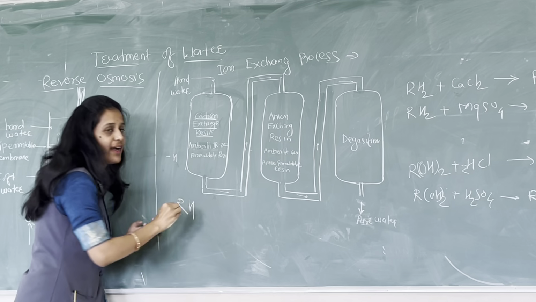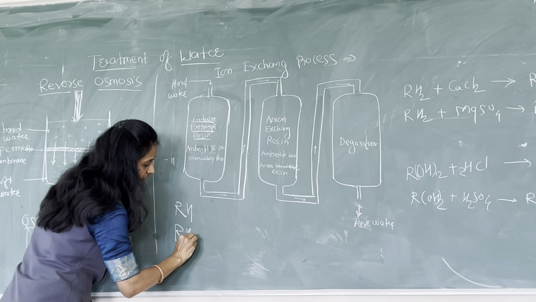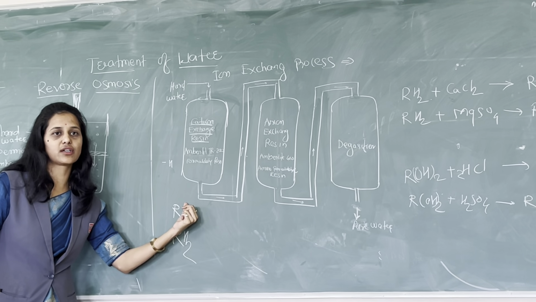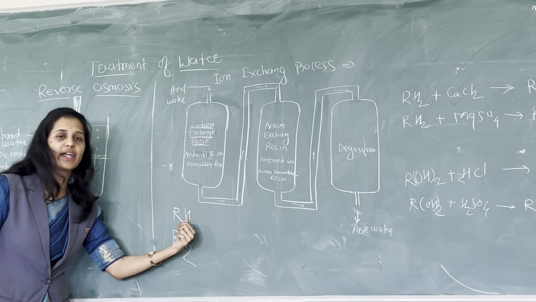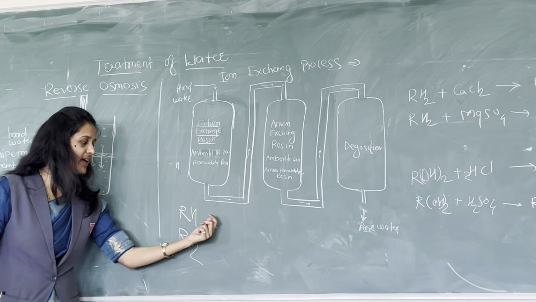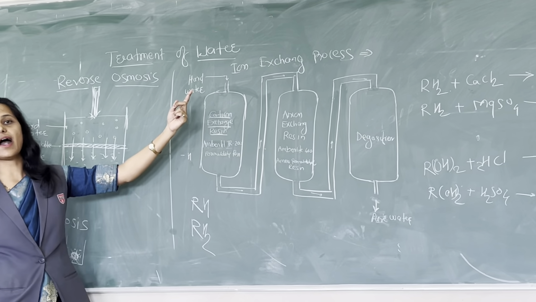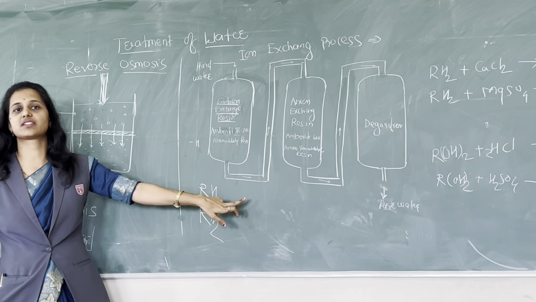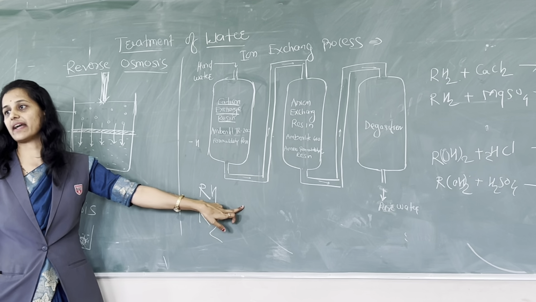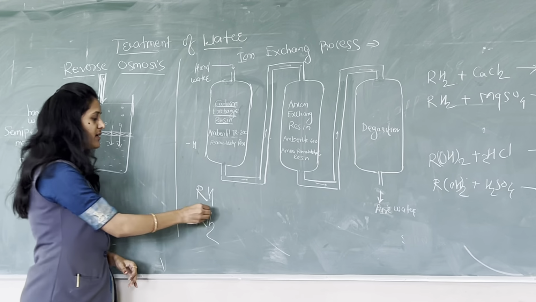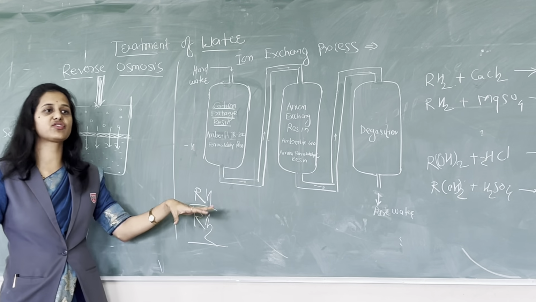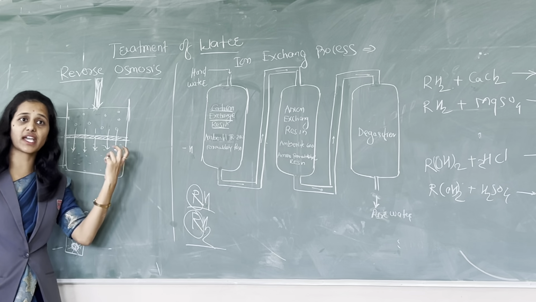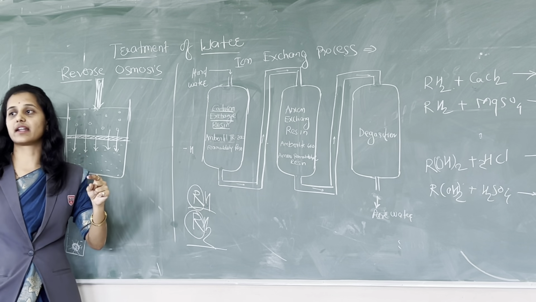It is denoted by RH or RH2. In the case of hardness causing agents, calcium and magnesium, this H is exchanged with calcium or magnesium. So RH2 is the denotation by which we can denote this resin. R is nothing but the long chain which is present in the resin.